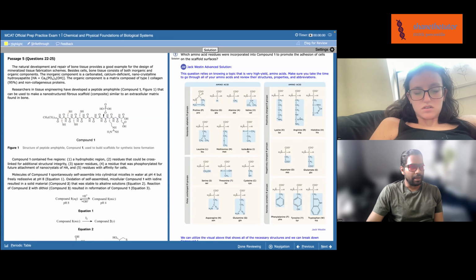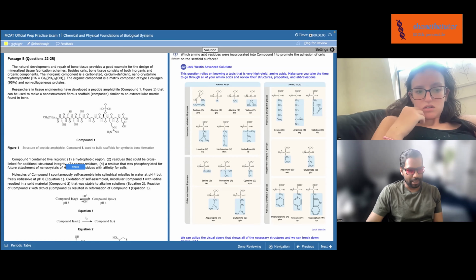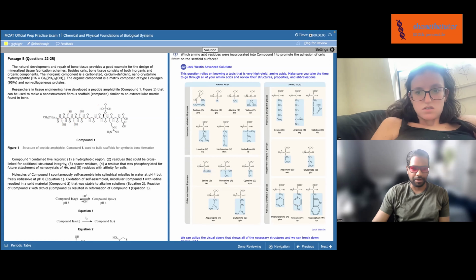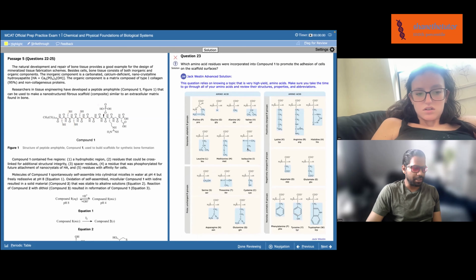So now they also kind of tell us here, like if we weren't able to recognize them, we can do a little bit of logic to figure it out. So they're saying compound one contains 5 regions. There's the hydrophobic region.